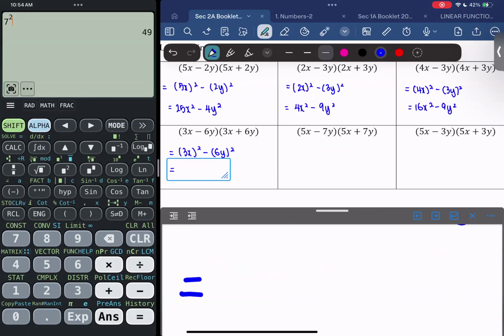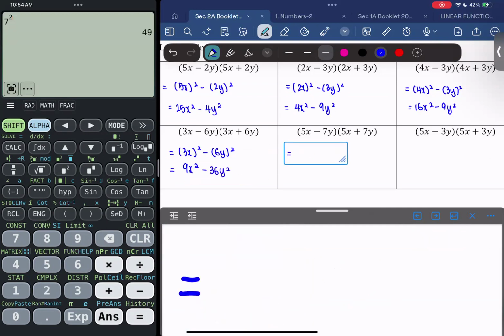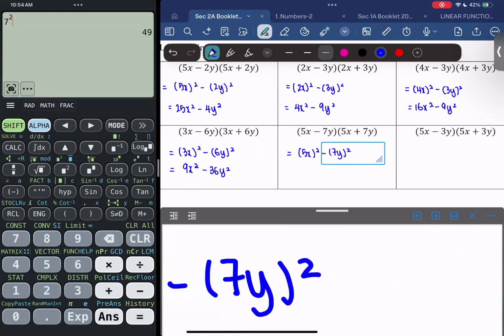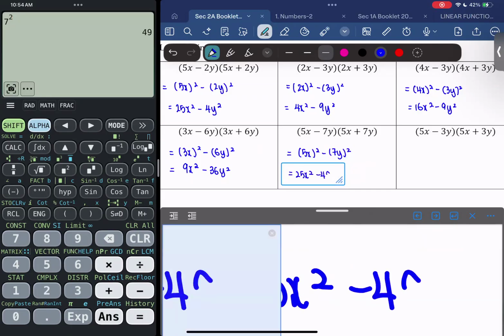Arifa, you're next. 9x squared, okay, good. And 36y squared. Okay, Arifa? She said in chat, oh, thanks. 5x squared minus 7y squared. Very good. Okay, good job.